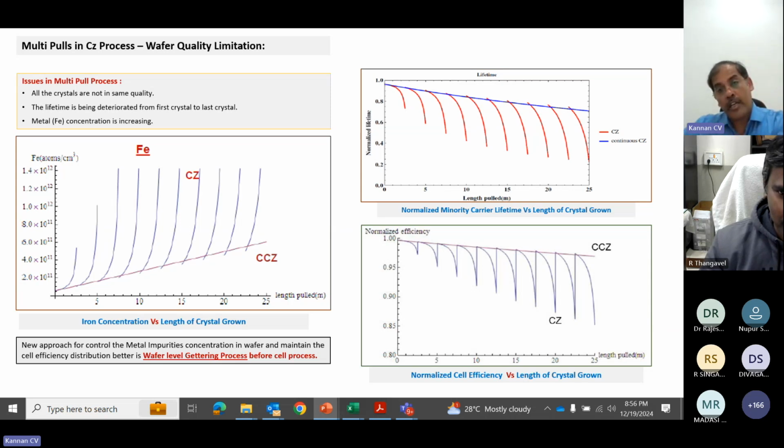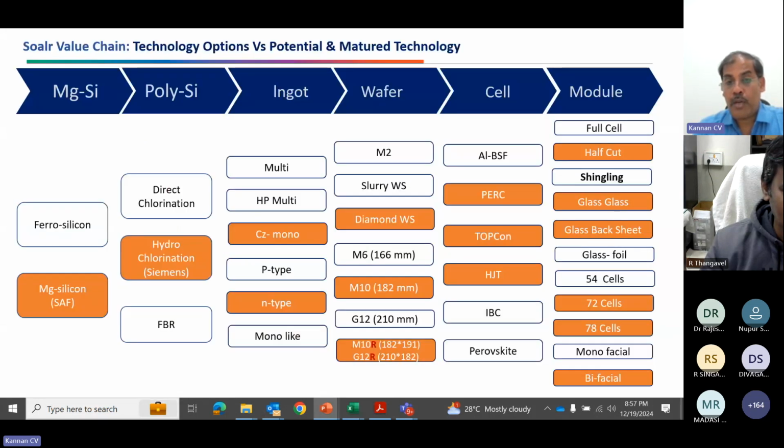Then accordingly they can tune the solar cell manufacturing process, so that they can minimize the difference in wafer quality from the first crystal to the last crystal, and the solar cell conversion efficiency will be better. But for us, since we depend on imported wafers, we don't have any control. Whatever wafer we get from China, we have to convert into solar cell and further into module, and obviously the performance will be relatively poor.